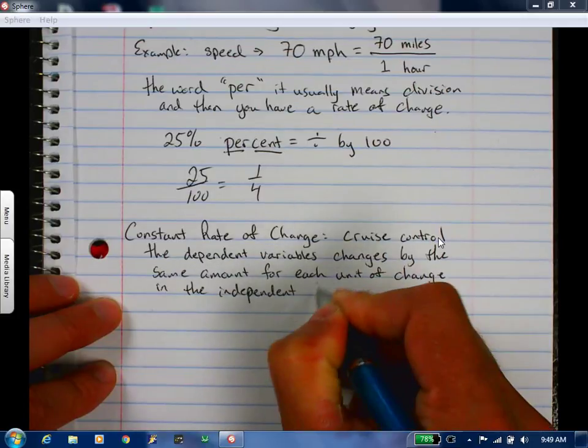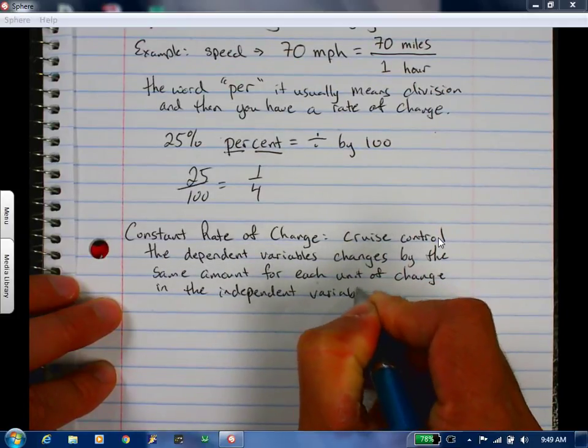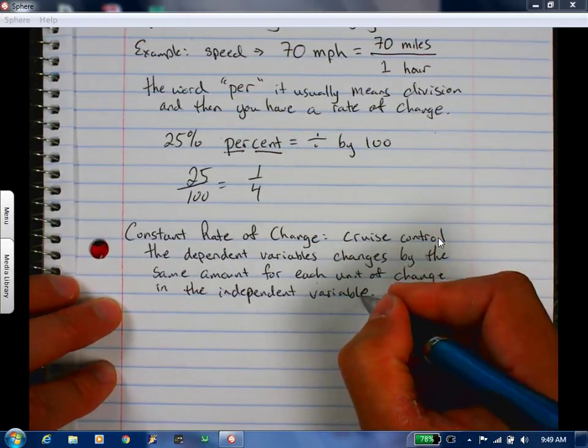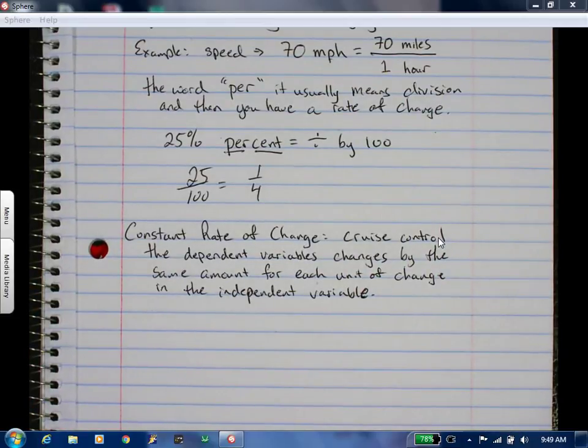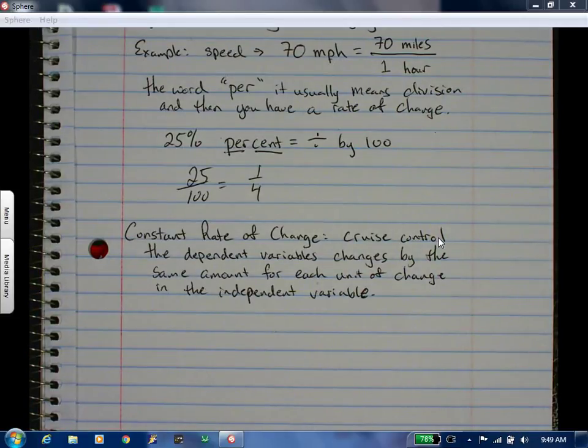Well, Mr. Leitner, you just threw some big words in there. So basically, the change in the y values would vary the same amount as the change in the x values.